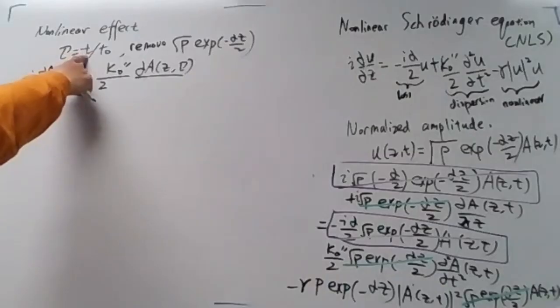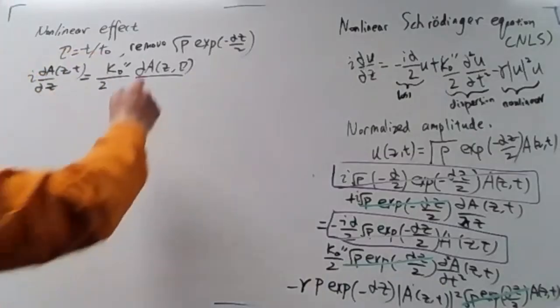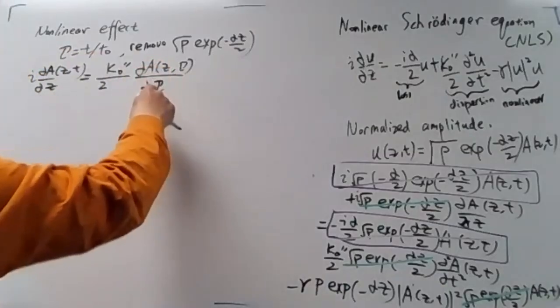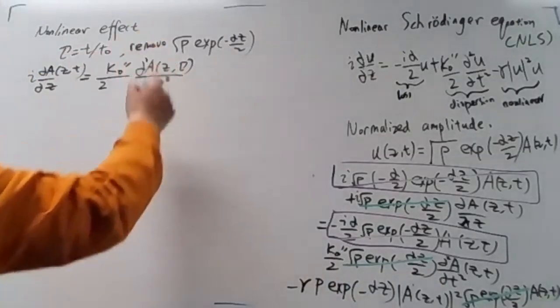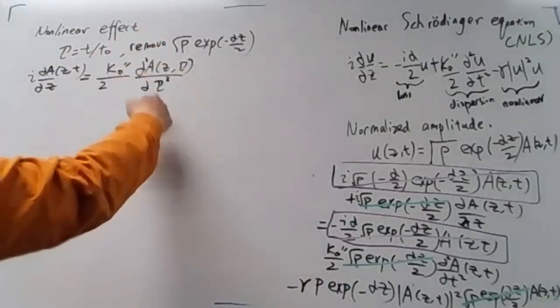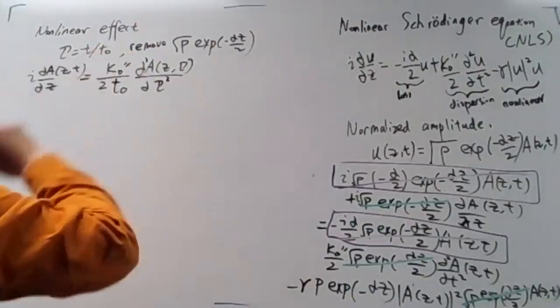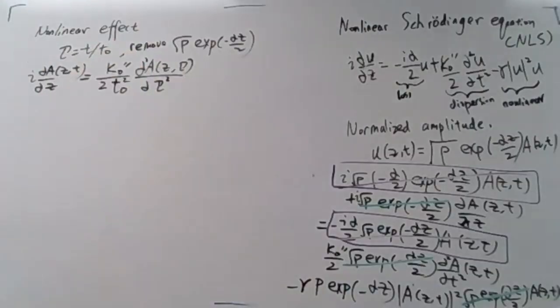T is tau times t naught. So we have partial tau squared, a second derivative, so it will be tau times t naught, let me write this t naught here, squared.